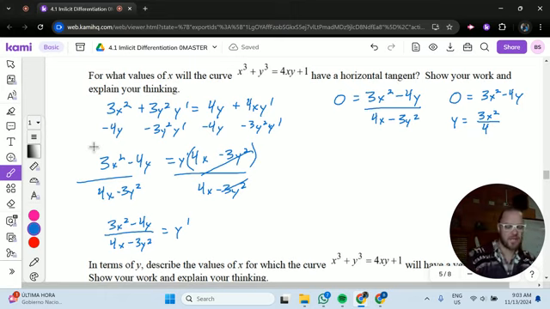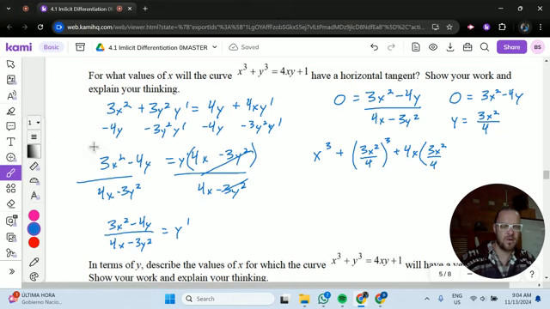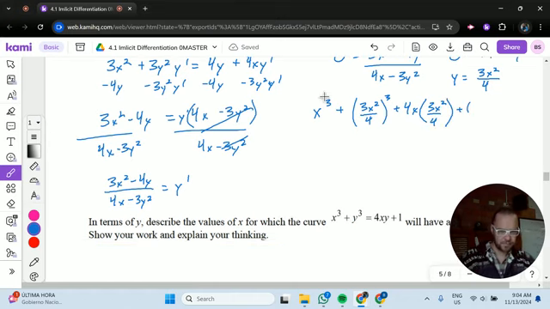Why is that helpful? Well, because now I can take that and plug it into my original equation in order to try and figure out where this thing will be 0. So I'm going to get x³ + (3x²/4)³ + 4x · (3x²/4) + 1. And now I'm going to need to simplify that exponent.